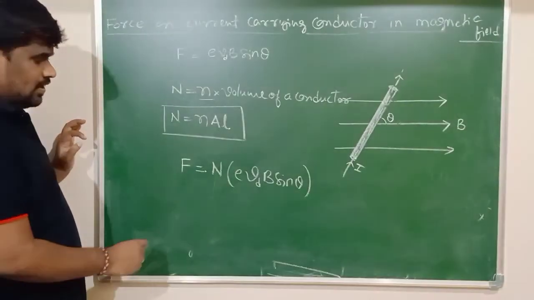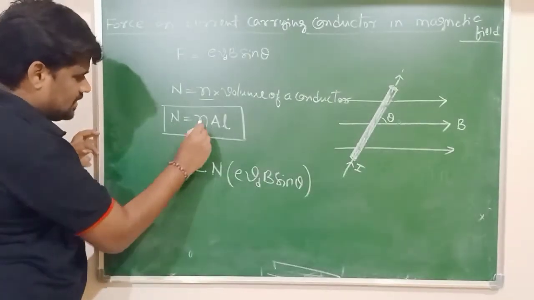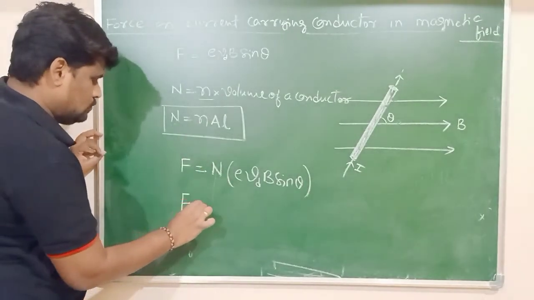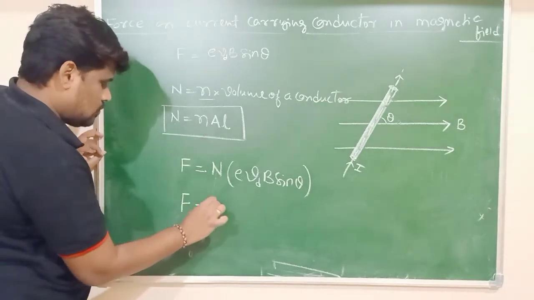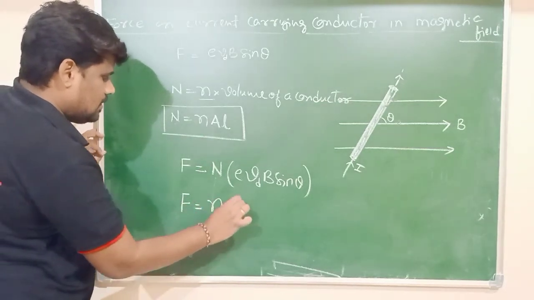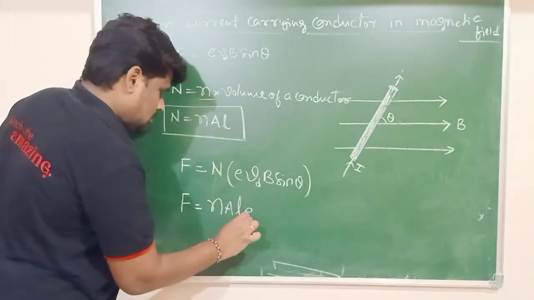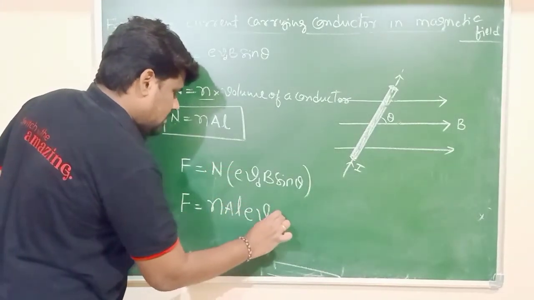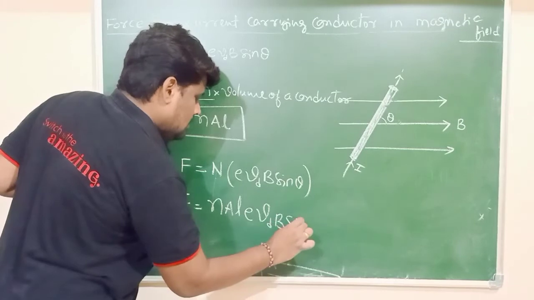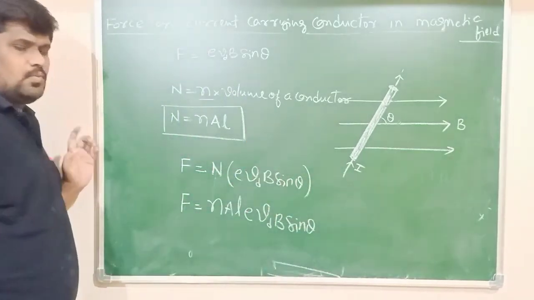Then further, you know very well what n is here. F equals n, what is n? Small n A L, e Vd B sin theta.